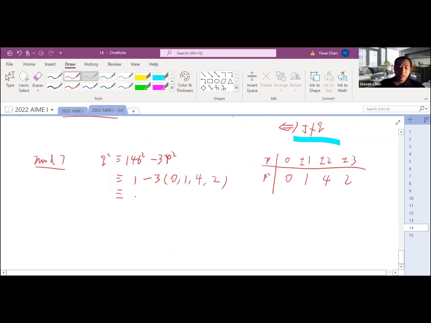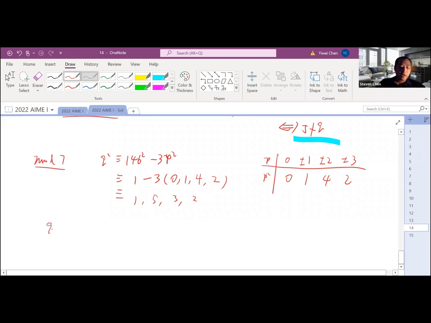So if p is congruent to 0, it is 1. 1 minus 3 is -2, so -2 is 5. 1 minus -3 times 4 is 12, so that would be 3. And the last one, -3 times 6, should be 2. Okay. So here are the possible congruent numbers for q squared.